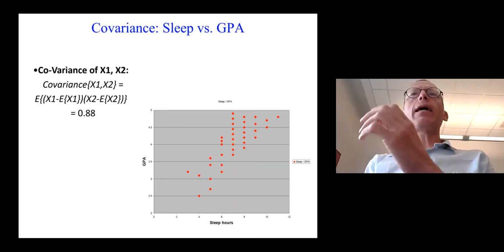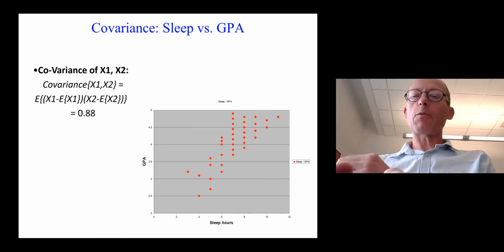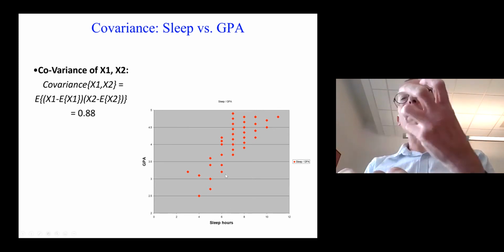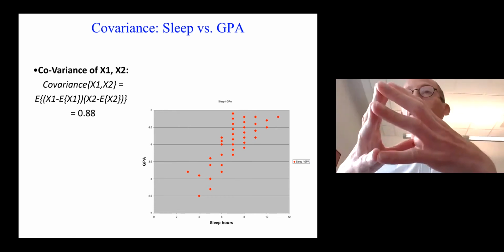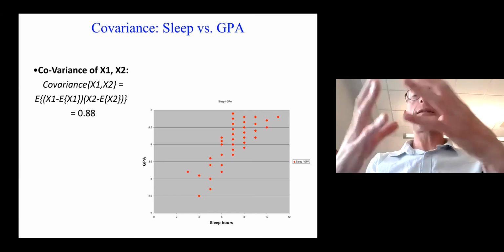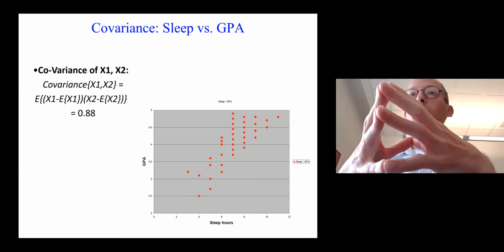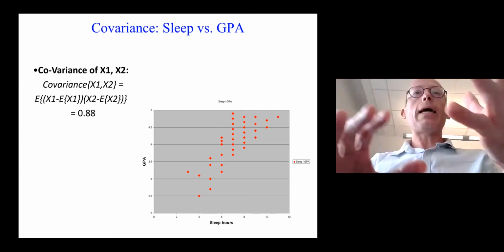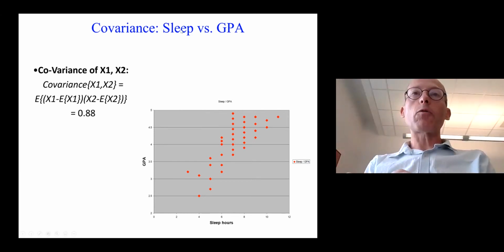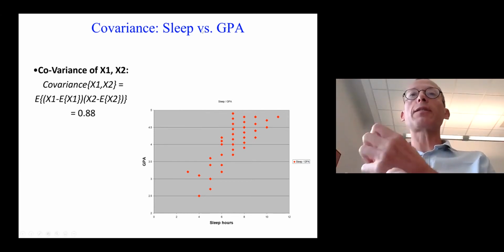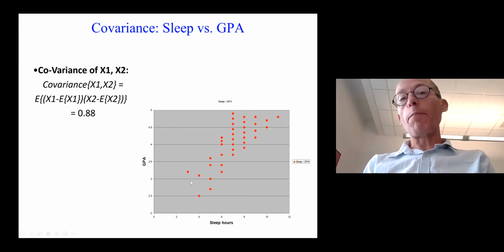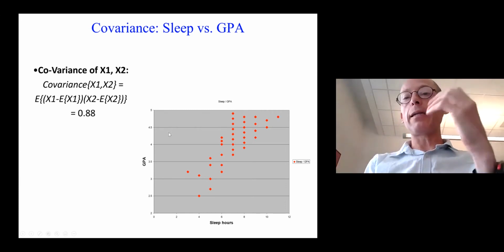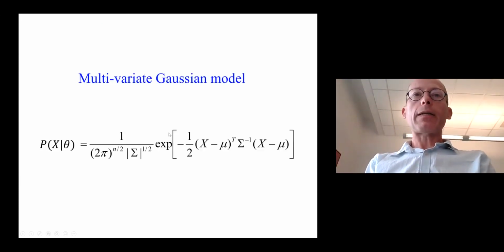And more generally, in continuous distributions, for example, this is a covariance matrix, so we can also use relationships between variables. It doesn't have to be a distribution over just one variable, like we did in the discrete case. We can have a multivariate distribution for continuous values as well. For example, if I want to compute the joint probability of sleep and GPA, which is also a continuous value, I can compute some parameters and then learn a distribution that tells me something about the probability.